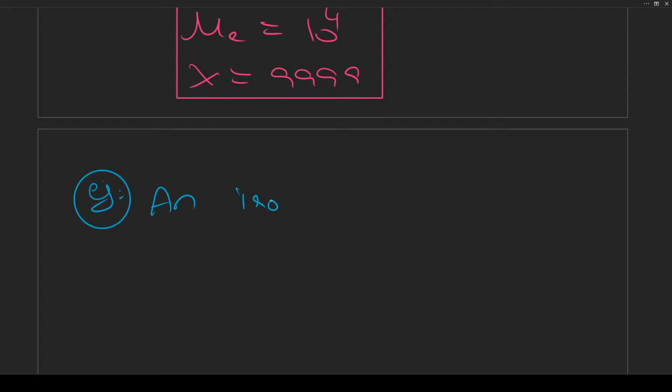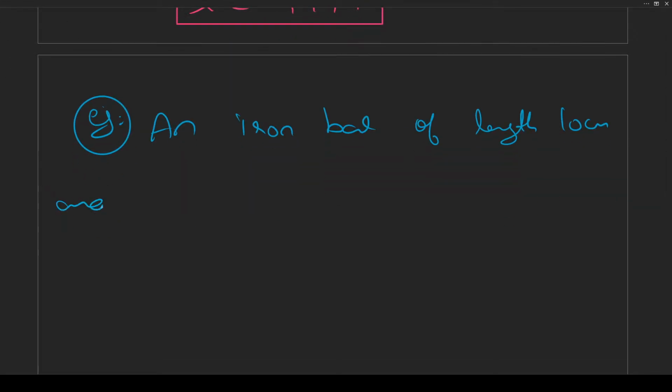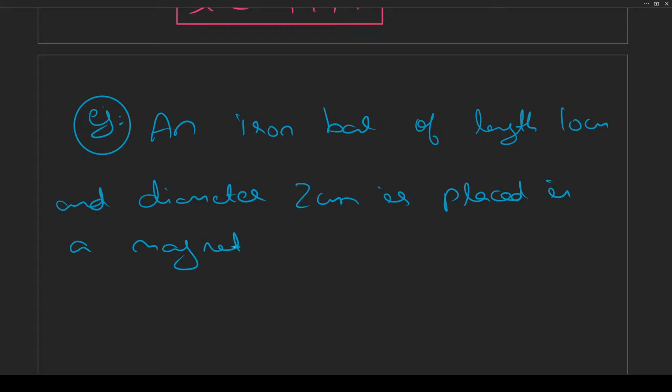An iron bar of length 10 centimeter and diameter 2 centimeter is placed in a magnetic field of intensity 1000 ampere per meter.